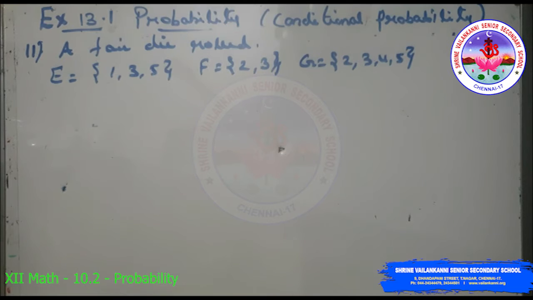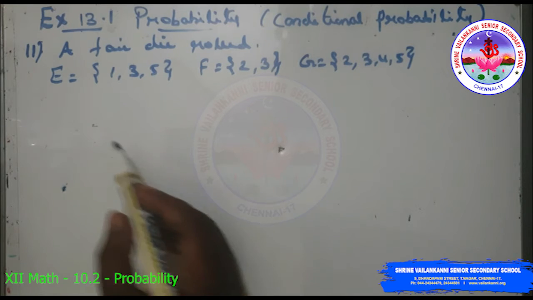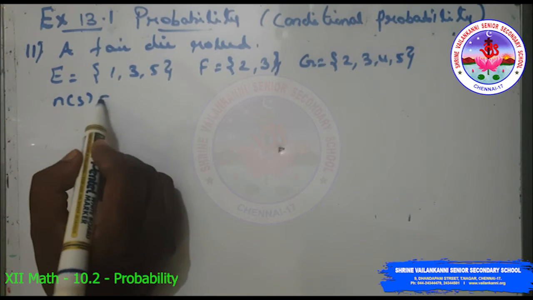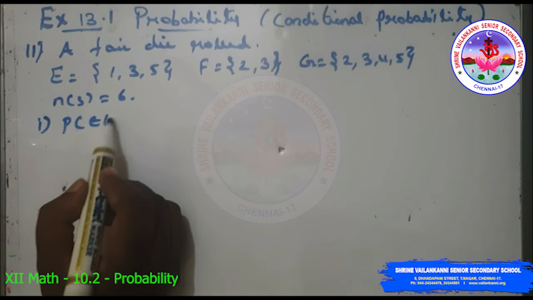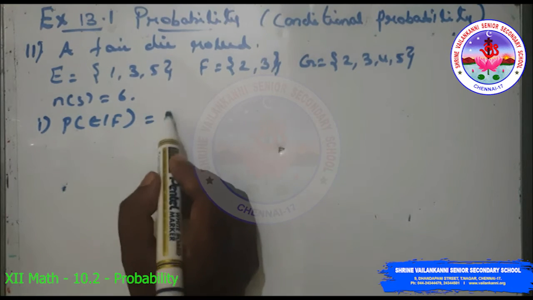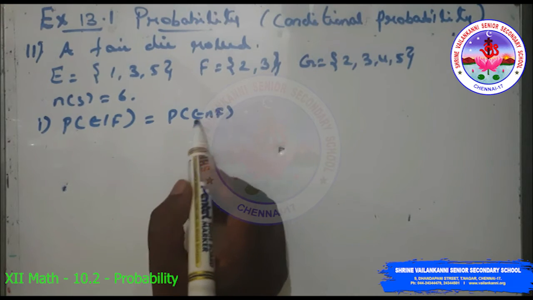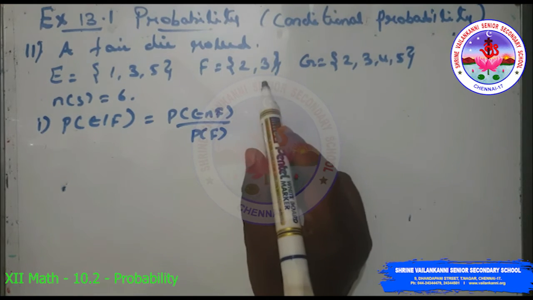When a fair die is rolled, the sample space is 1, 2, 3, 4, 5, 6. Then n(S) is 6. First we have to find P(E|F), which is P(E intersection F) by P(F).